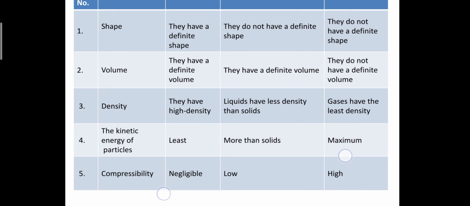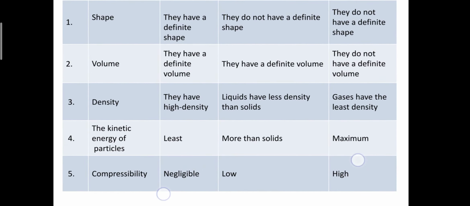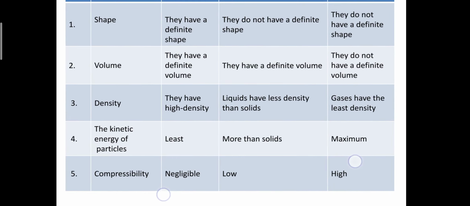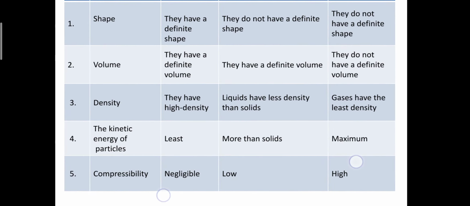Solids have high density, liquids have less density comparatively to solids, and gases have the least density comparatively to solids and liquids. The kinetic energy of the particles is least in solids, more than solids in liquids, then maximum in gases.